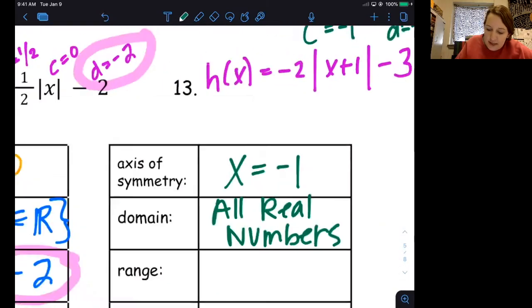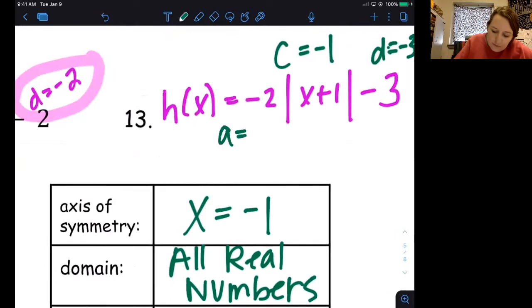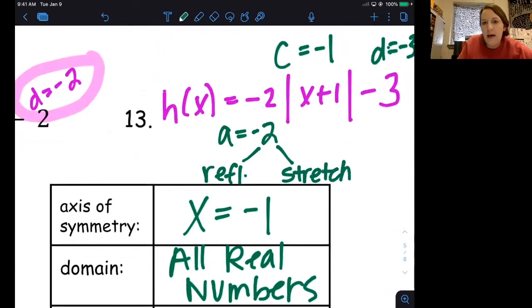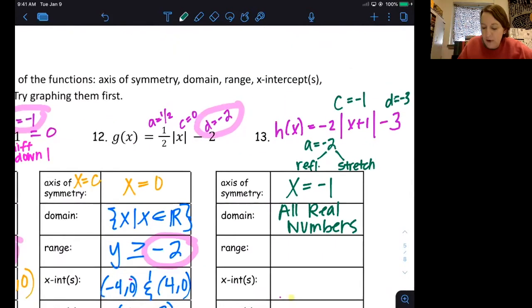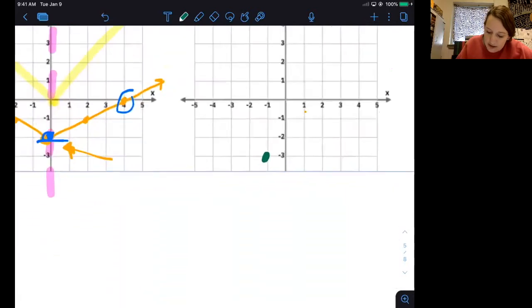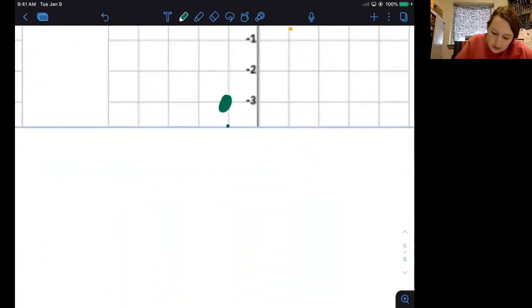Okay, what I notice with my a value is that it's going to be a reflection vertically, and it's going to be a stretch because the 2 is greater than 1. So reflection means that we're going to point downward. So I've got a slope of 2/1. So 1, 2, and then over 1. 1, 2, and then over 1. So it's going to look like this.